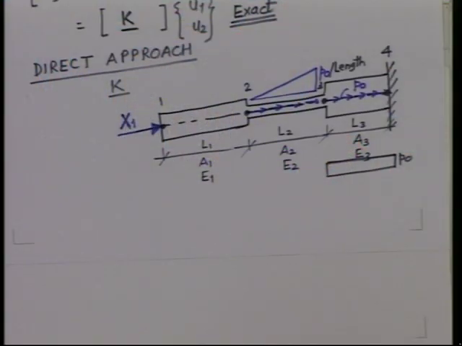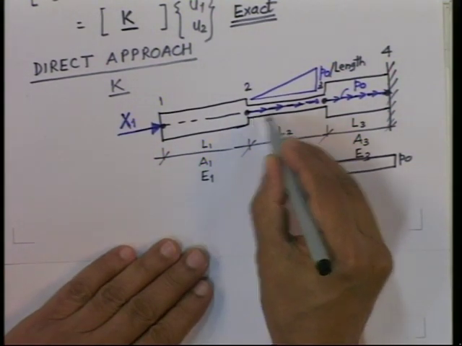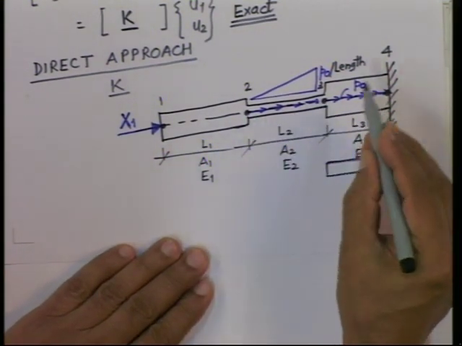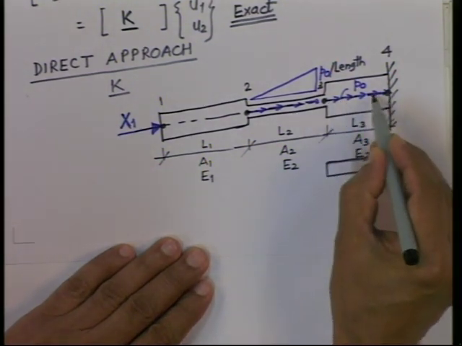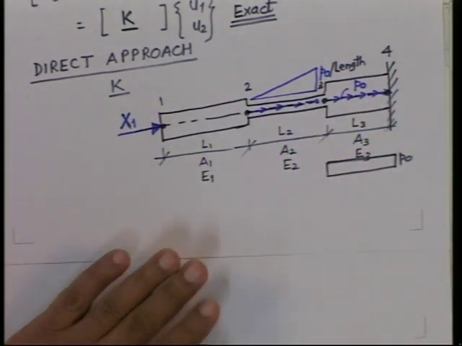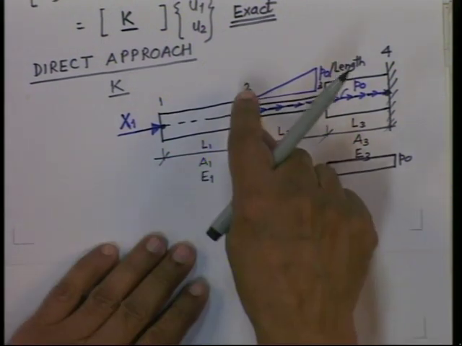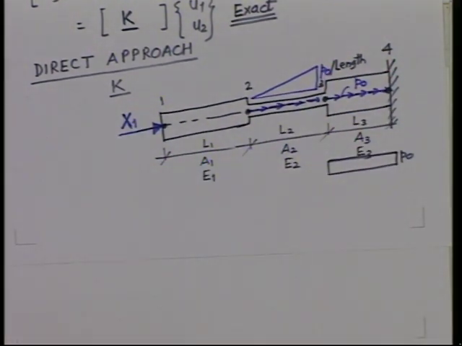So, there is no error in computation of element properties for this problem. Now, the basic thing is that I have to transform this triangular load and this distributed load into equivalent nodal forces. So, I will do that first.